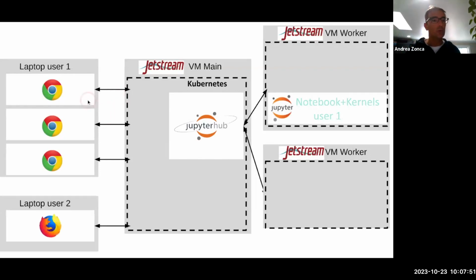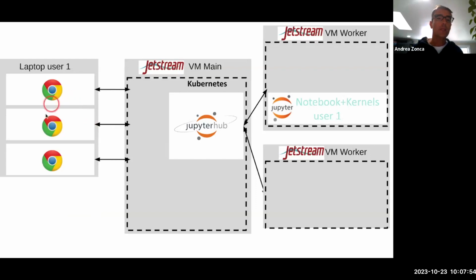From your laptop, you connect to this JupyterHub instance and you authenticate. Today we will be authenticating with GitHub. And once the user is authenticated, the JupyterHub service calls the Kubernetes API to create another container. That's the container that runs the notebooks and the kernels of a user.